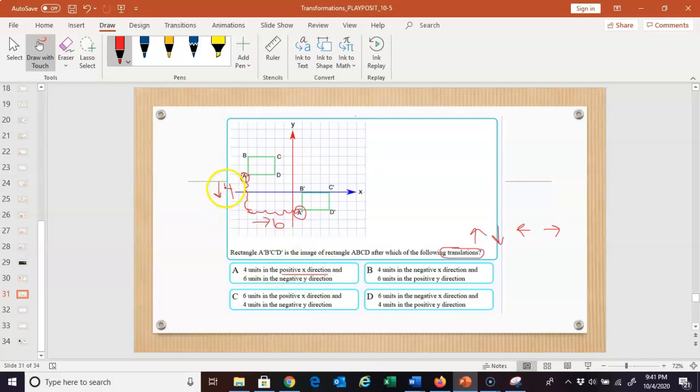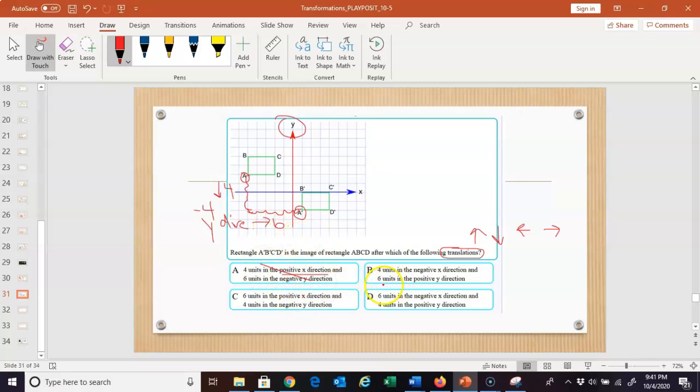Well, we went 4 units down. Going down is going along the y-axis. When you go up and down, you're going along the y-axis. So that's in the y direction. We went down, we went -4 in the y direction. So let's find the one that says 4 units in the negative y direction.